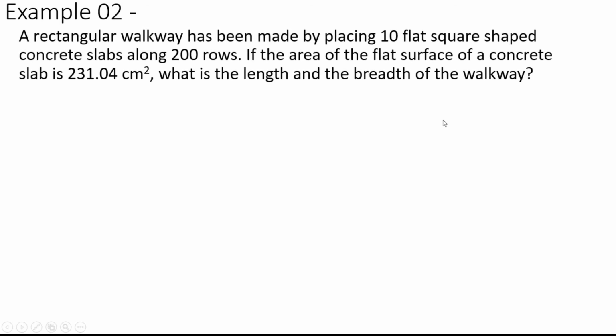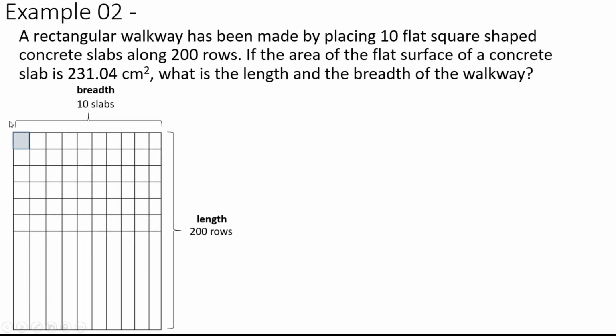Example number 2. A rectangular walkway has been made by placing 10 flat square-shaped concrete slabs along 200 rows. If the area of the flat surface of a concrete slab is 231.04 square centimeters, what is the length and the breadth of the walkway? This is the rectangular walkway, which is made by placing 10 slabs in 200 rows.